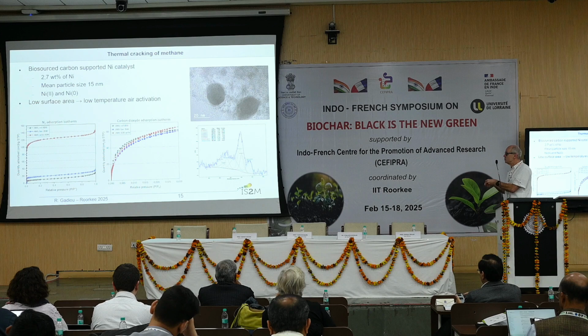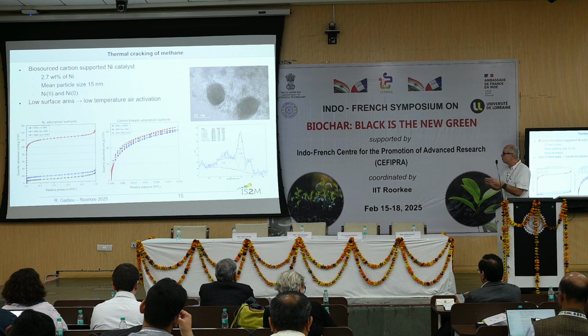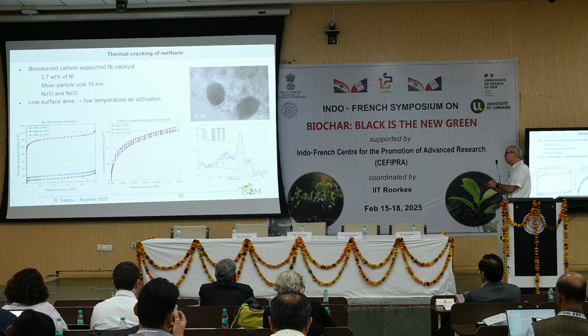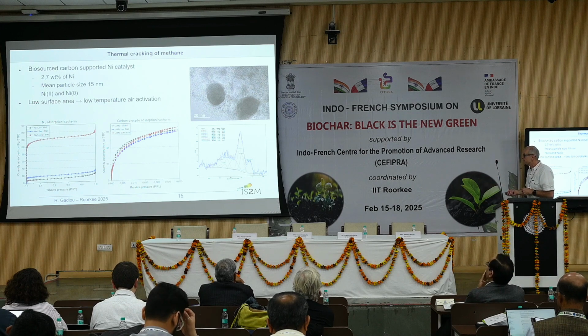If you have a lot of oxygen on the surface of the pristine material, of the biomass, you will have more oxygenated material. If you have a low amount of oxygen in your pristine material, during the pyrolysis, you will produce more nickel 0. So the speciation will change during the pyrolysis depending on your biomass.